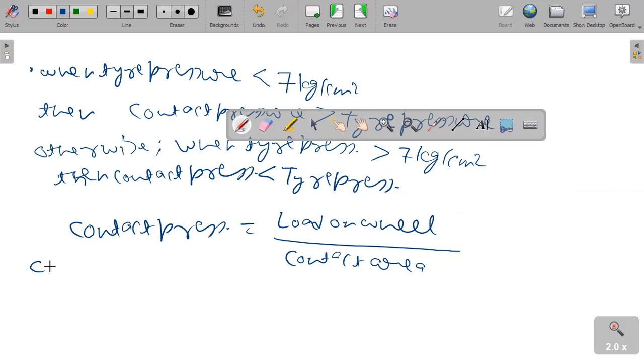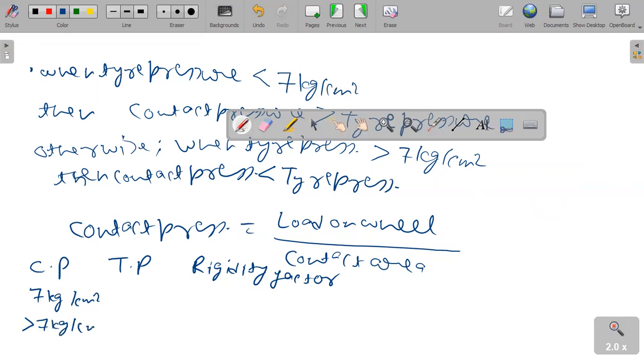Tire pressure 7 kg per centimeter square gives rigidity factor 1.